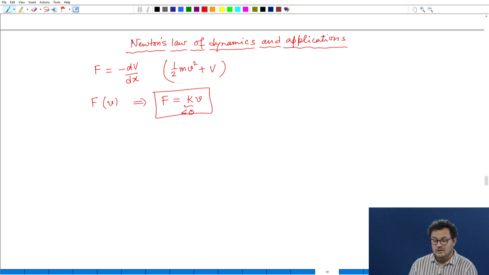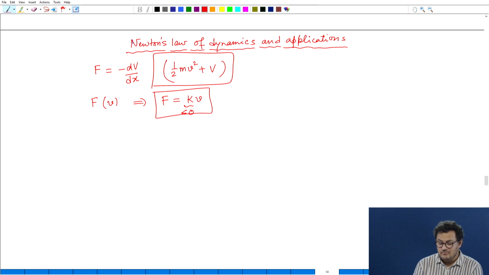We then said that in 3D this type of conservation of energy is also true, and there you have to guarantee that the vectorial force is in the form minus nabla V, where V is another scalar function of x, y, z, and nabla is a partial differential operator on the space variables.